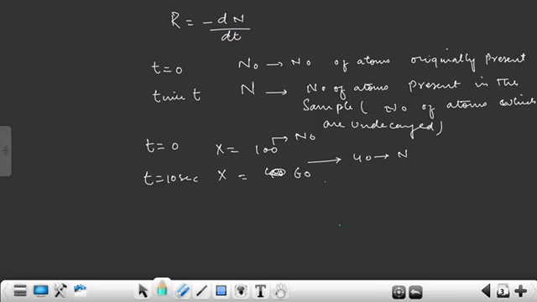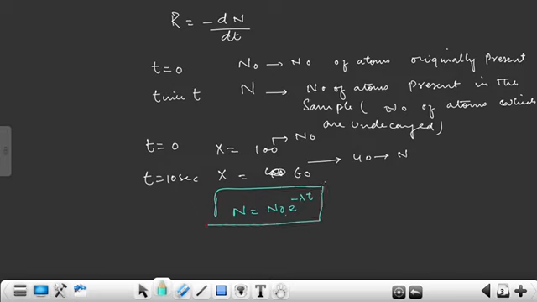Now, to calculate the number of atoms present, it is equal to N naught e to the power minus lambda t. Let me write it again: N equals N naught e to the power minus lambda t.